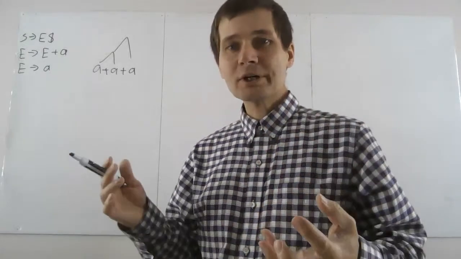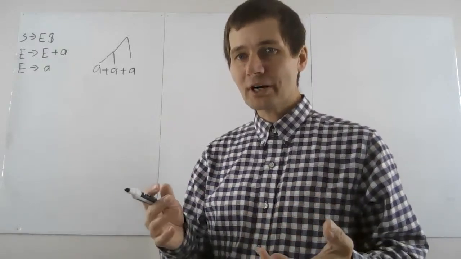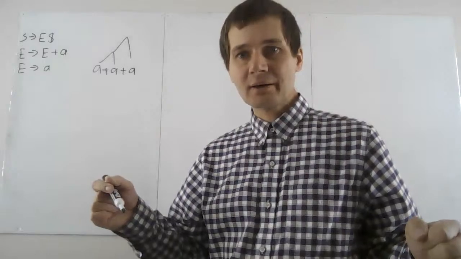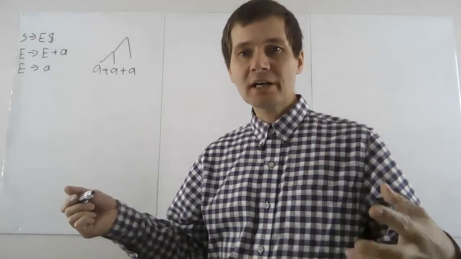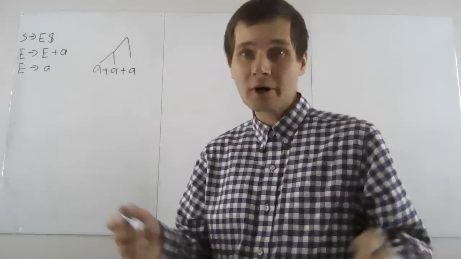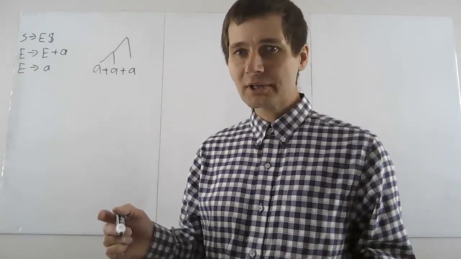And the way that this would show up in the LL1 construction is that when you go to build your predict table, you would have an entry that would have two or more productions. In this case, two production rules.